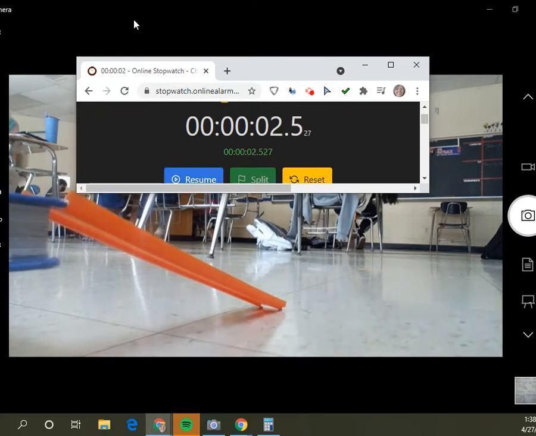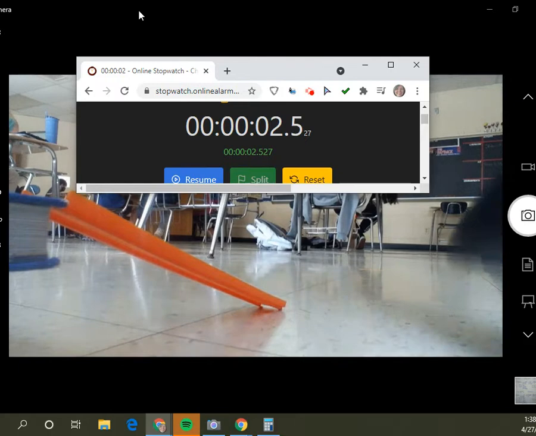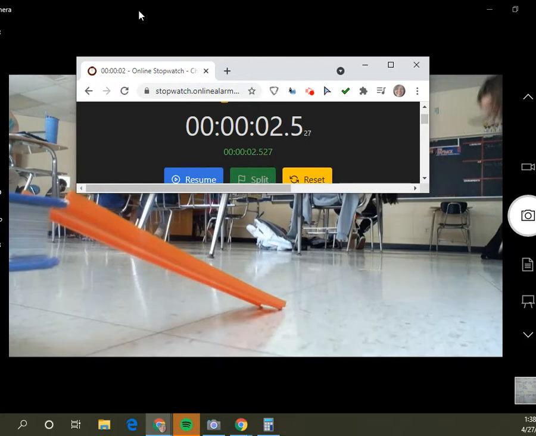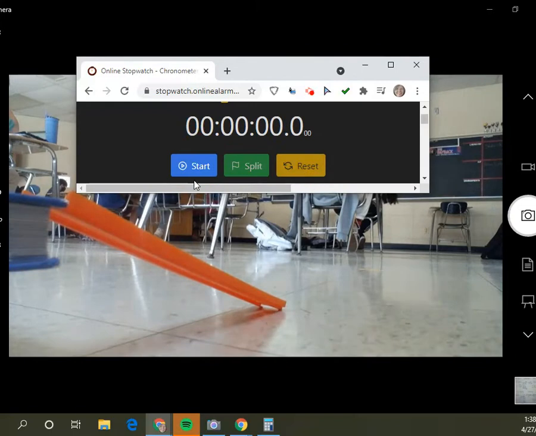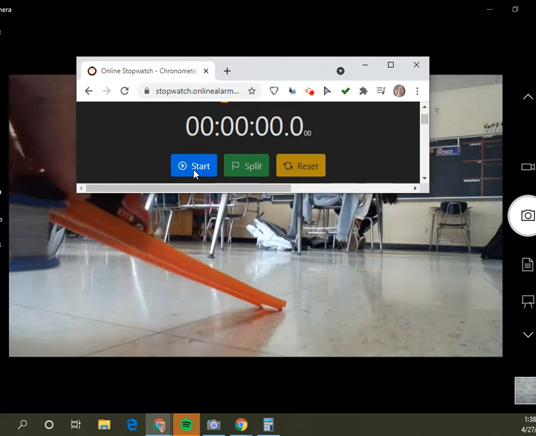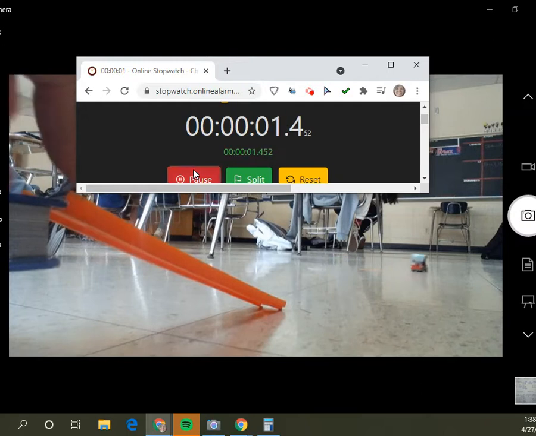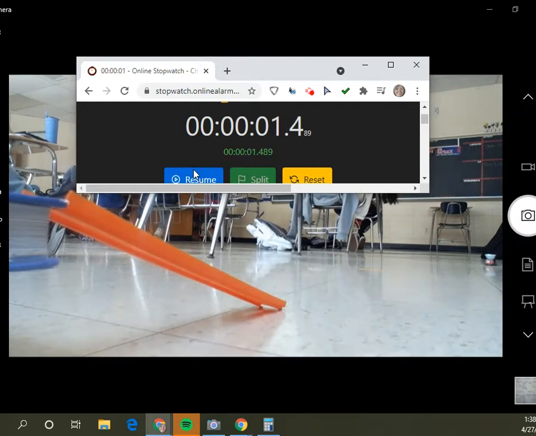Let's try that again. All right, so ready, set, go. All right. So our time is 1.489 seconds. Let's go ahead and put that on our data table.